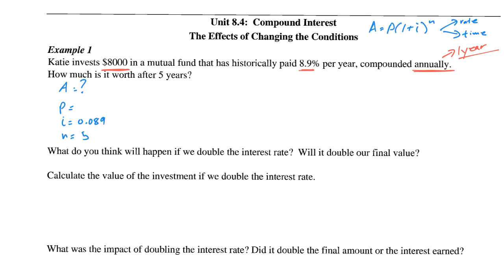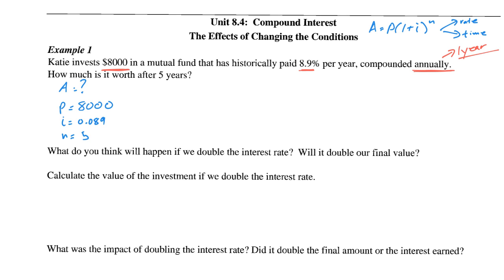So we have A, we don't know what it is because we want to know how much it's worth after 5 years. So we have P equaling 8,000. We have 8.9% is just 8.9 divided by 100, which gives us 0.089, and n is 5. And this is what we get for our basic calculation.